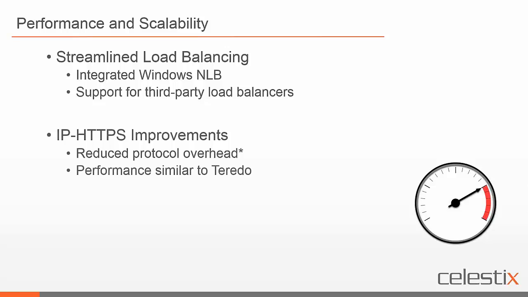If you're supporting Windows 8 clients, IP-HTTPS now offers performance that's on par with Teredo. The advantage from the user side is, of course, that there's less encapsulation and decapsulation going on on the client side. Throughput and connectivity are going to seem a little bit better, but there are significantly increased user counts on the server side.